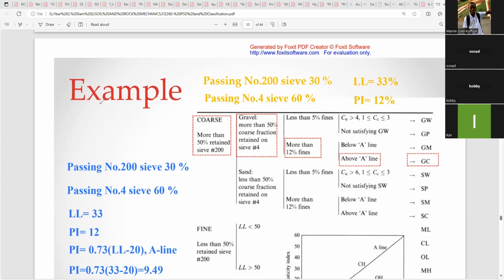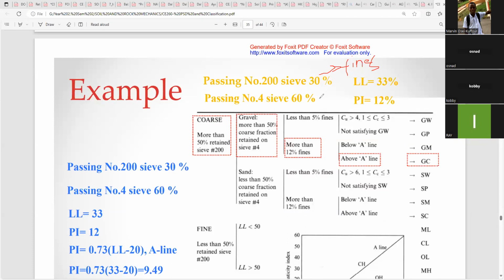So our percentage passing sieve number 200 is 30, and that automatically gives us the percentage of fines. Do you remember? And the percentage retained on sieve number 4, retained, I didn't say passing, is our gravel.